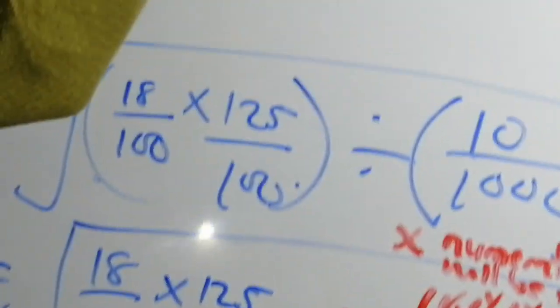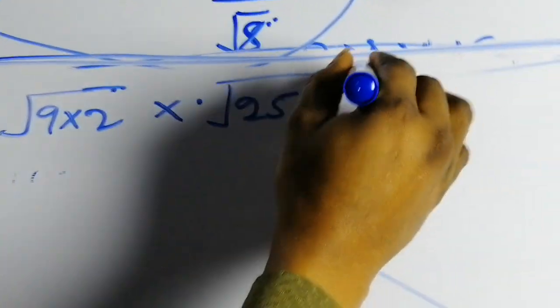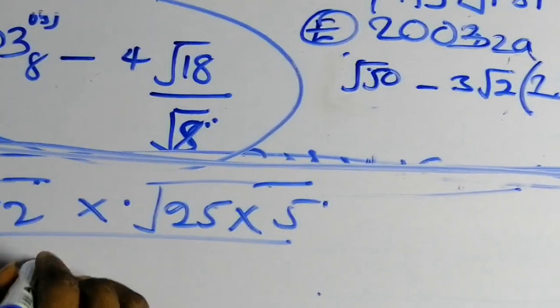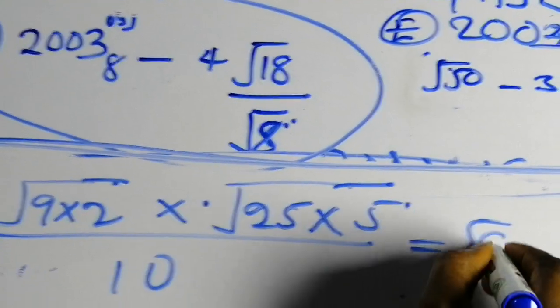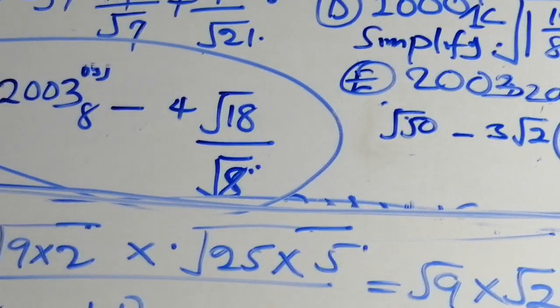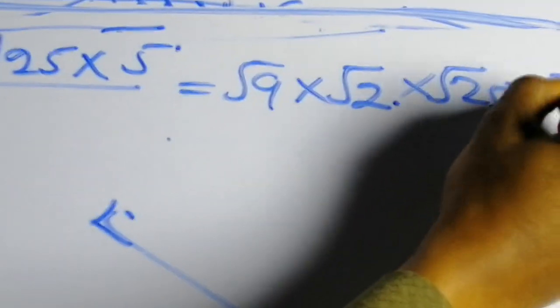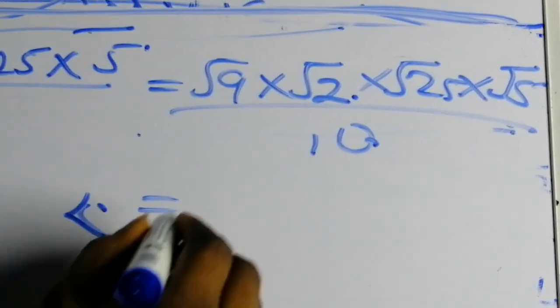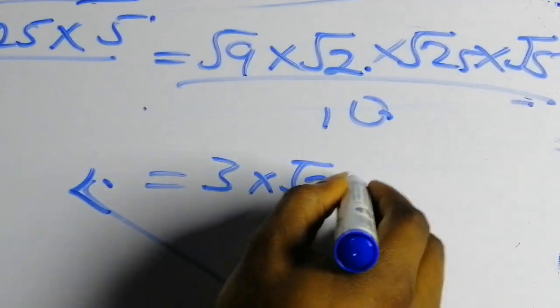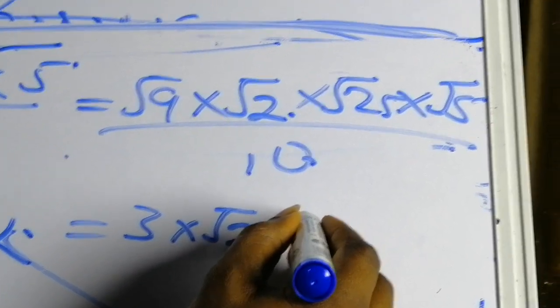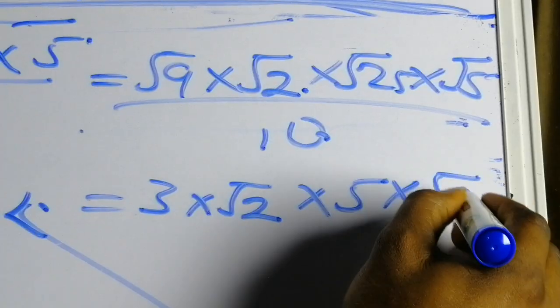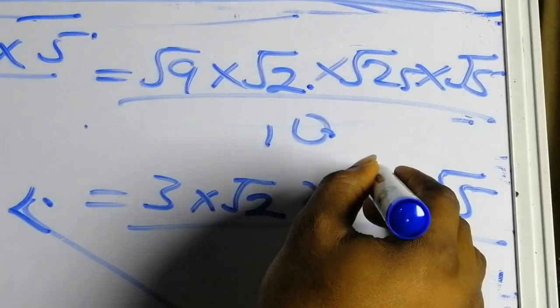So that's root 25 times root 5 over 10. From here I can say root 9 times root 2, times root 25 times root 5 over 10. What's root 9? 3 times 3, 9. So 3 times root 2, times 5, times root 5 over 10.